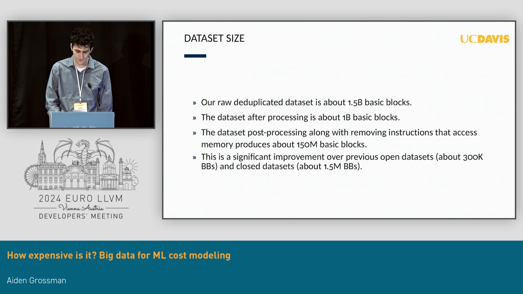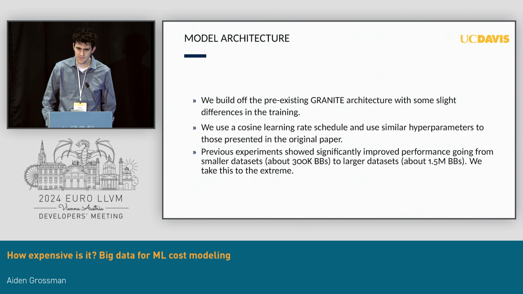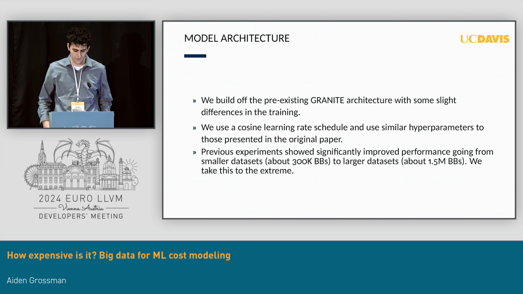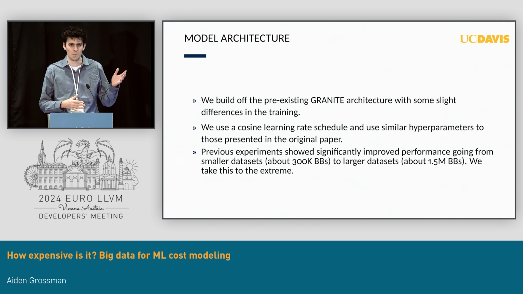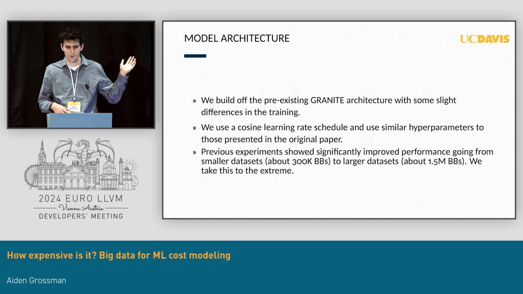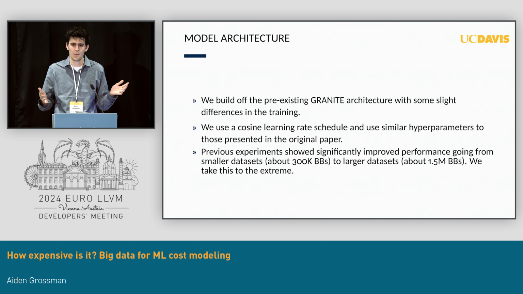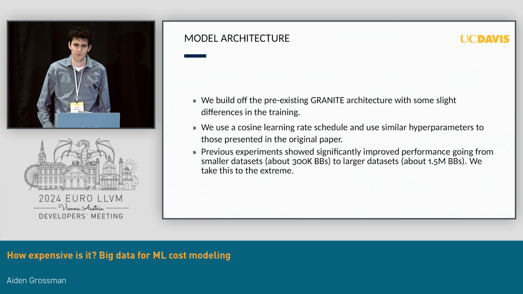For the cost model, the actual neural network that does the predictions, we're using the Granite architecture. It's a graph neural network. You set up a graph containing a representation of the basic block, you get some embeddings out of that, and then you run it through a decoder, and it spits out a number that is hopefully representative of the inverse throughput of your basic block.